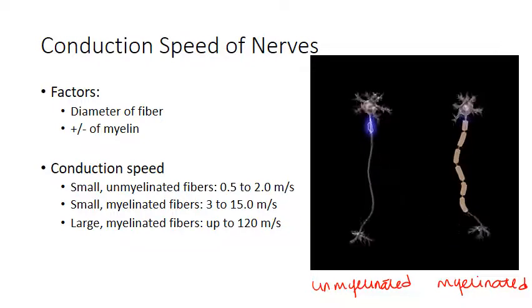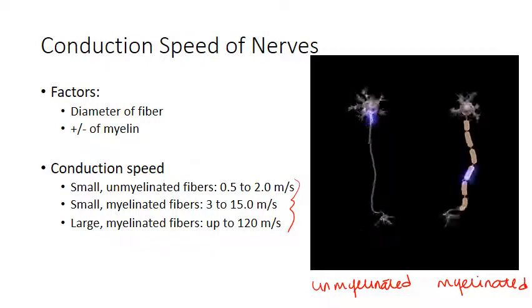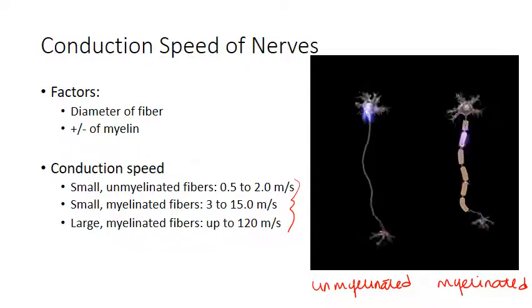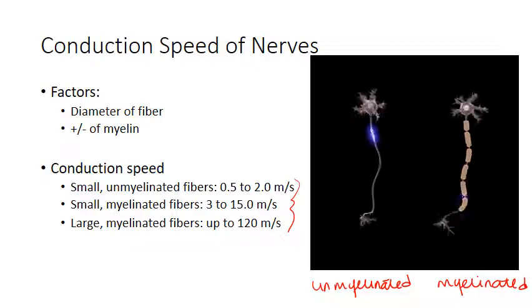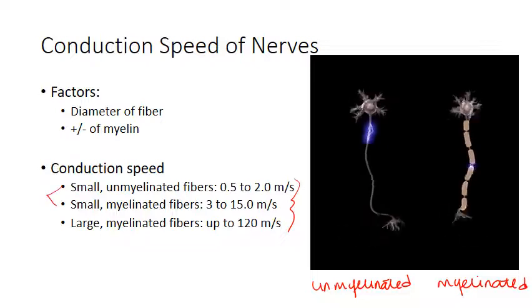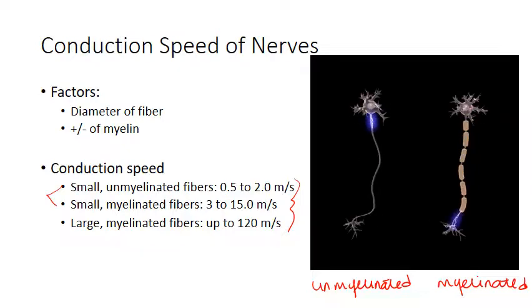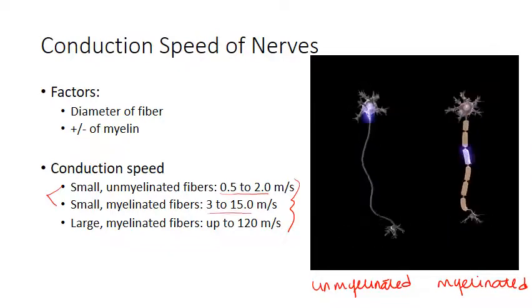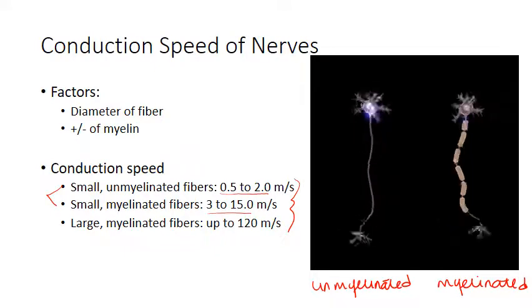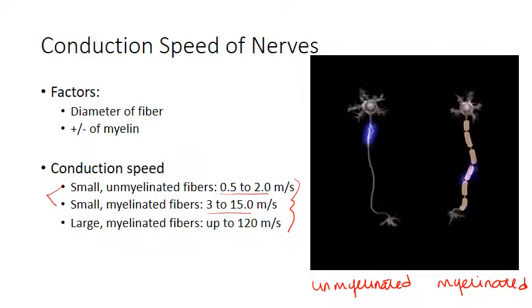And so here are estimates of how quickly a signal can be sent down neurons of different size, as well as myelinated versus unmyelinated. So here would be two that are comparable, small, and then one's unmyelinated and one's myelinated. You can see 0.5 to 2 meters per second compared to 3 to 15 meters per second. So just the presence of myelin substantially increases the speed at which a signal travels down an axon.